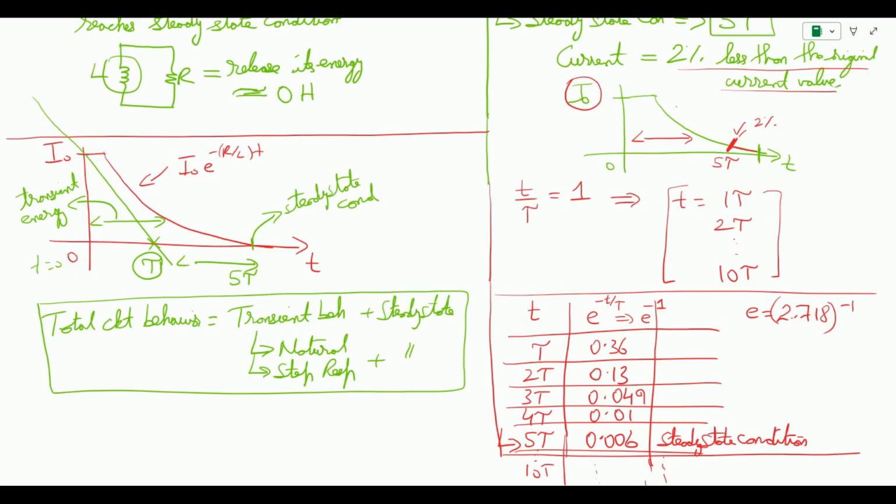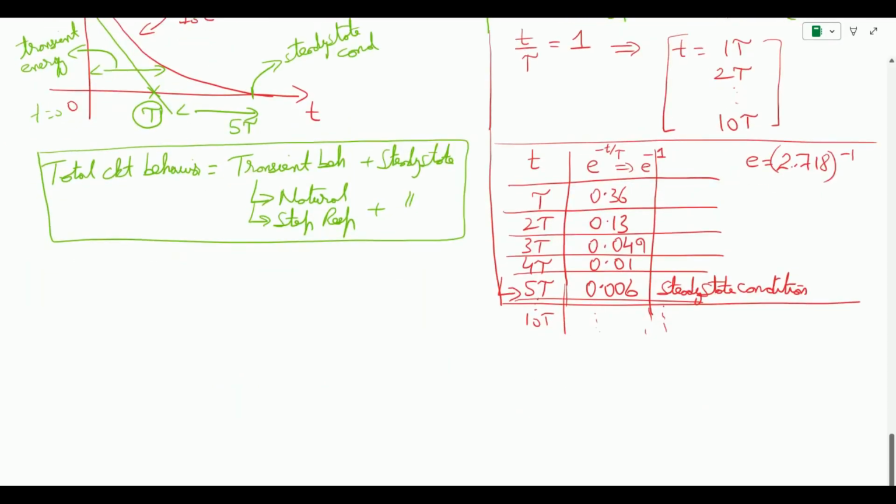And if we want to solve any circuit analysis problem related to the RL, the steps will be: first we need to find the initial condition, which is represented by I naught. It is the same as I0 negative. The second, we find the time constant. In case of inductor, it is 5 tau.